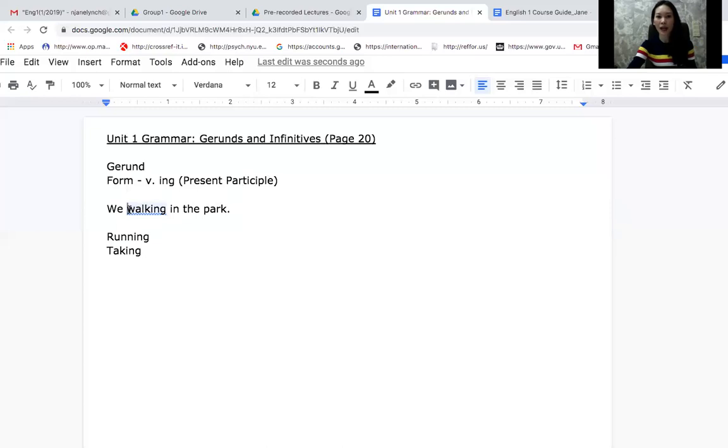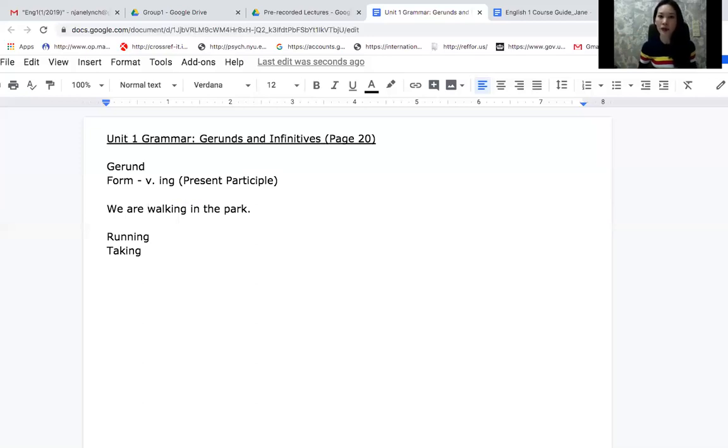If we want to make it a perfect sentence, we need a helping verb to make it a main verb, right? For example, if you're talking about the action that is happening right now, we have to use the present continuous form. So we have to add this helping verb, which is verb to be. We are walking in the park.